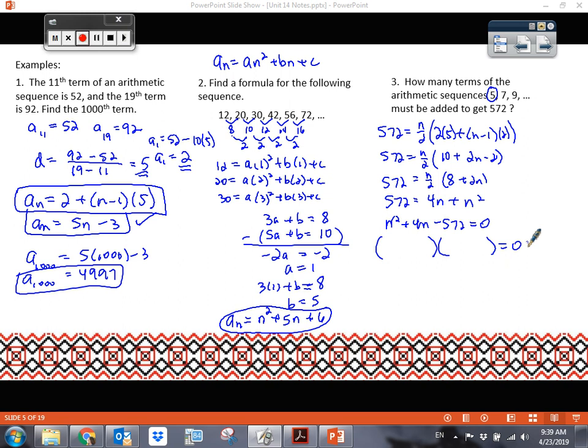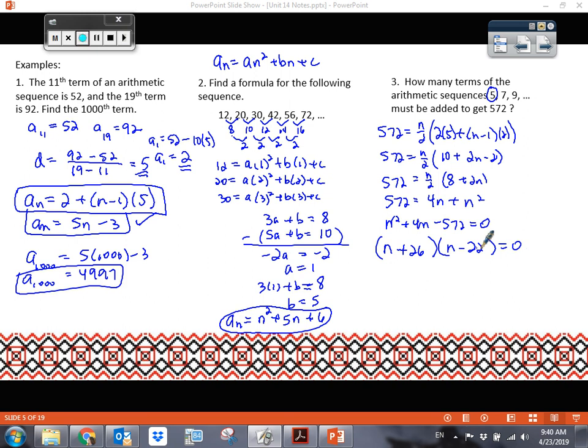You would typically have a calculator to help with the number crunching. I don't expect you to multiply all the things together to get 572 in your head. So the factors are 26 and 22. It's n plus 26 and n minus 22, found by guess and check.